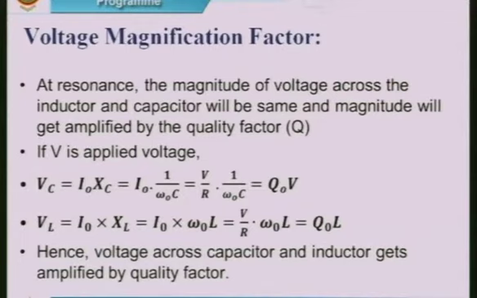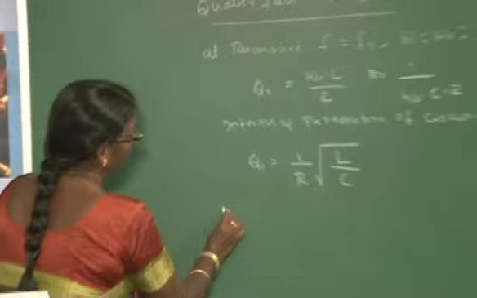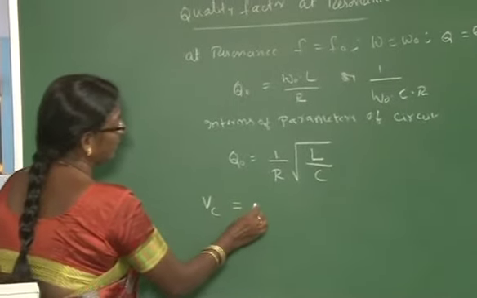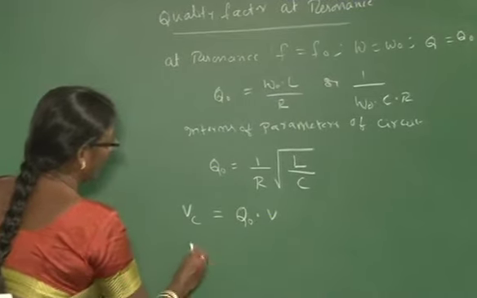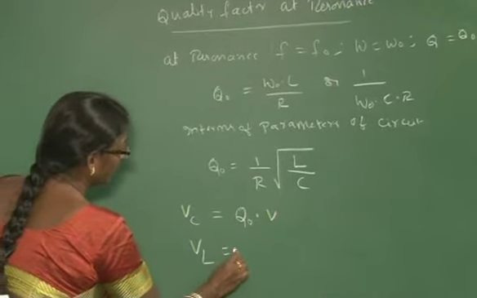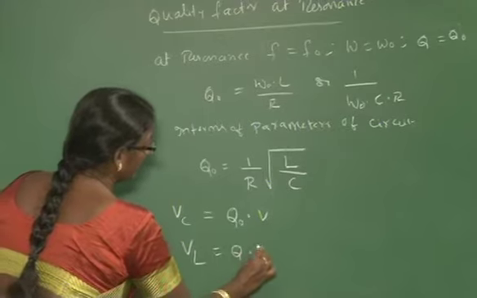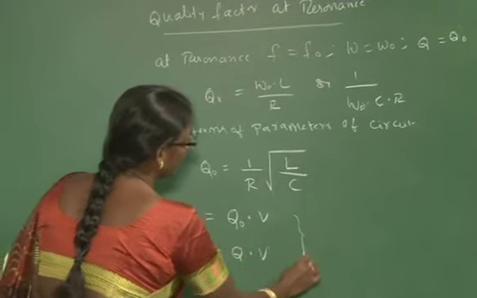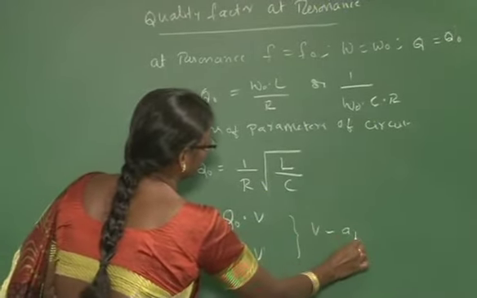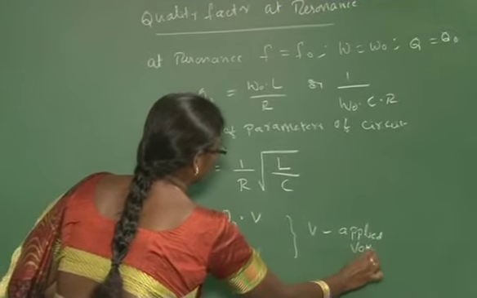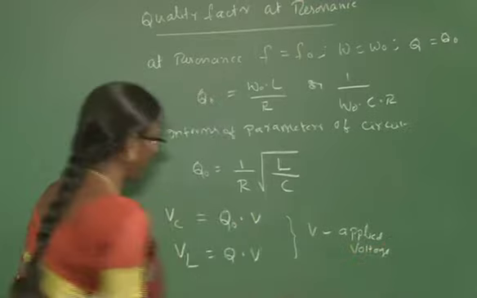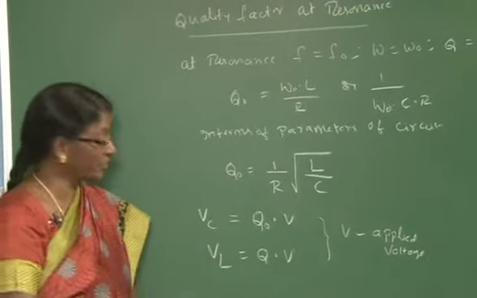You can remember these two equations: Vc at resonance is the quality factor times the applied voltage, and VL is also the quality factor times the applied voltage, where V is the applied voltage. So we call Q the magnification factor.